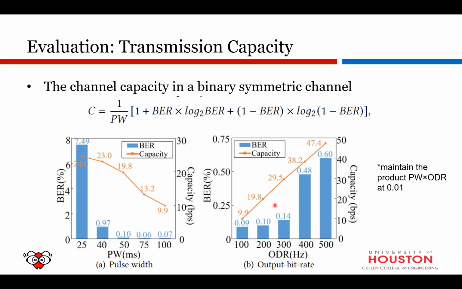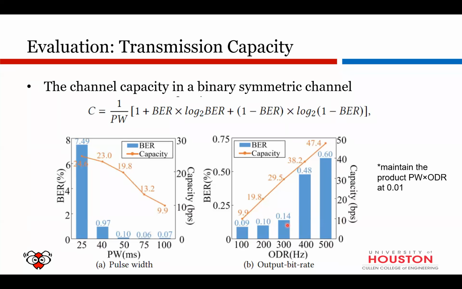We can see the channel capacity ascends with the increase of the ODR up to 47.4 bps. There is a slight increase in the bit error rate, but it still remains at a very low level, actually smaller than 0.6 percent.